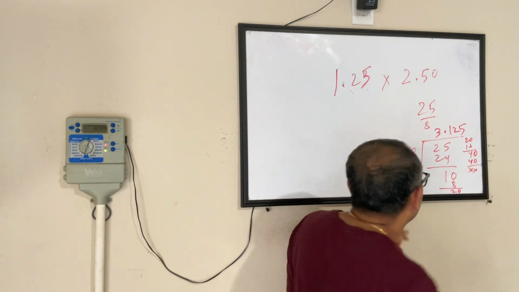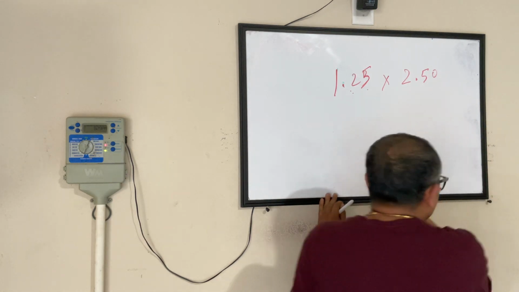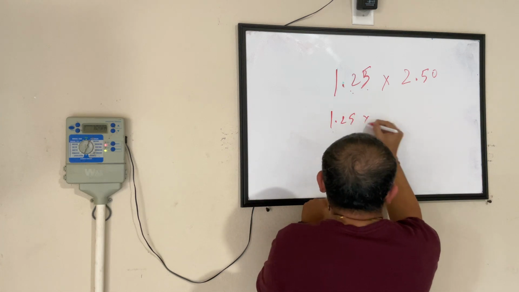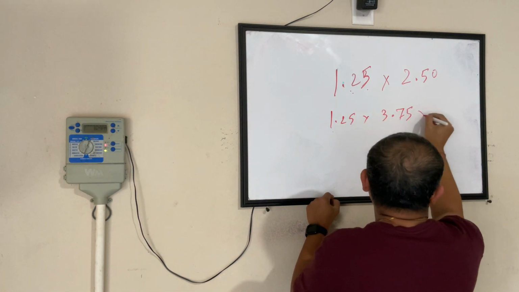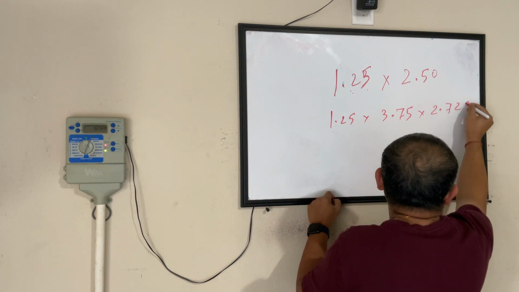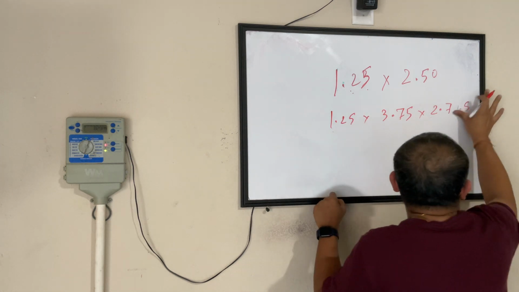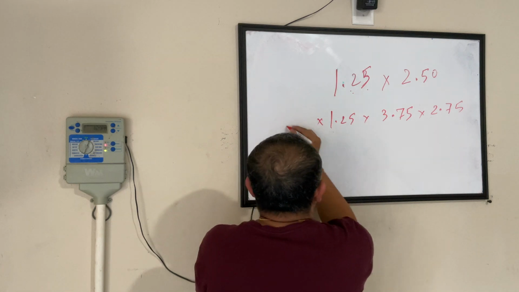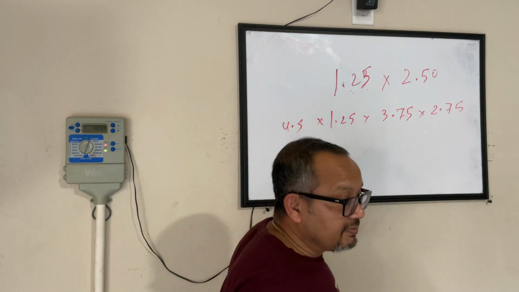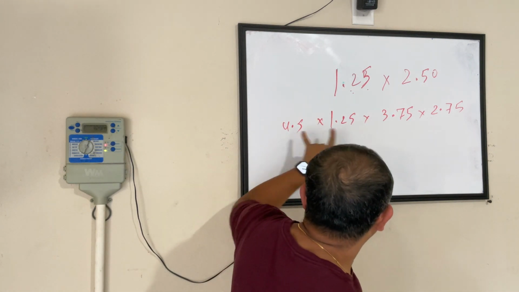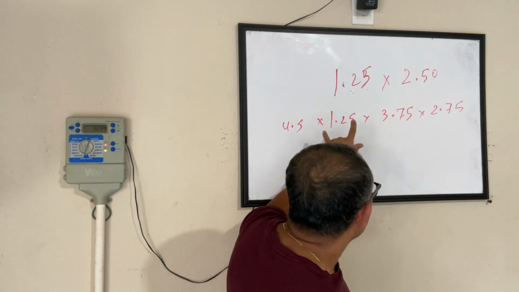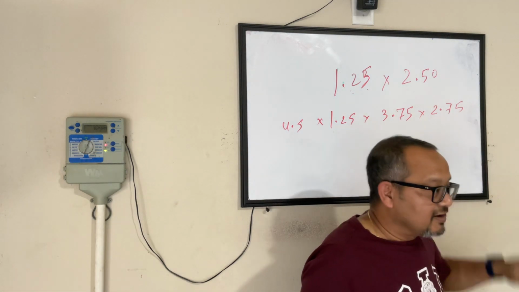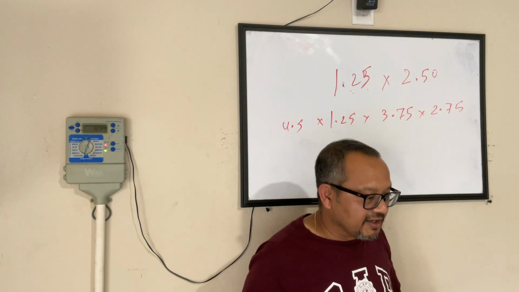Imagine if you had to multiply 1.25 multiplied by 3.75 multiplied by 2.725, or let's say 2.75 itself. Multiply these 3 with 4.5. Now imagine if you have to multiply 45 into 125, then multiply that with 375, then multiply that with 275. Your whole evening will be gone just multiplying.